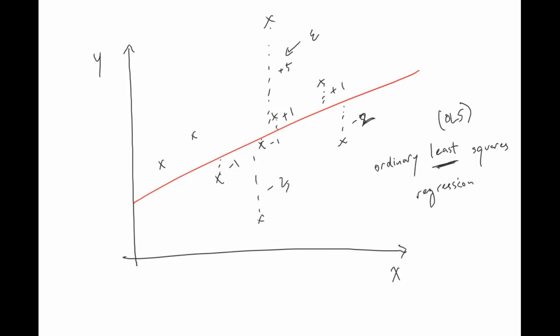With absolute value it won't penalize as much, and it would treat them all more equally. Which one is better is a subjective decision, right?